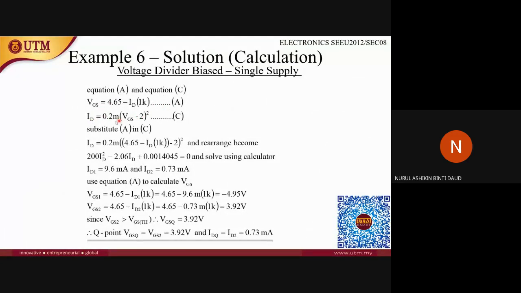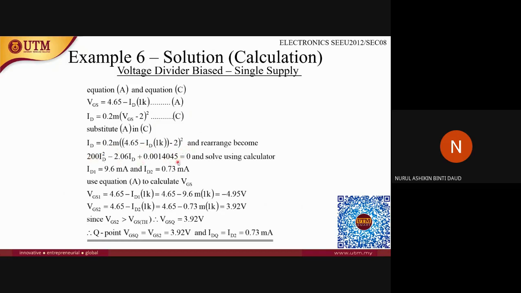Another equation is we need to use the shortlist equations, equation C. Put equation C inside equation A, or equation A inside equation C, either one. You will get this equation.